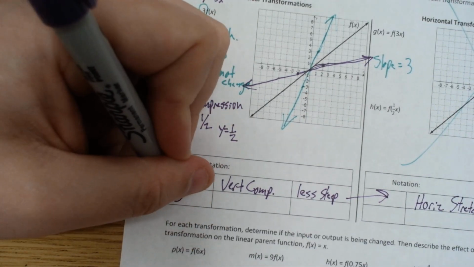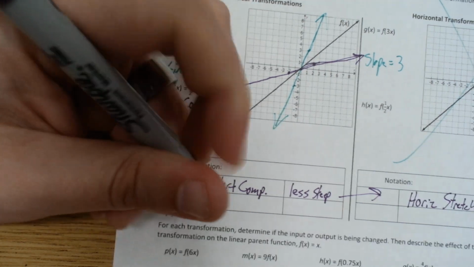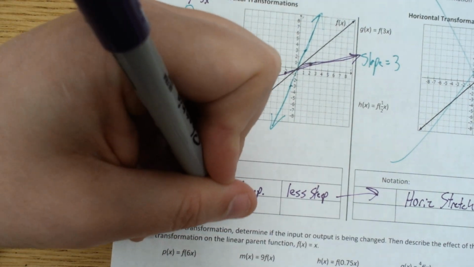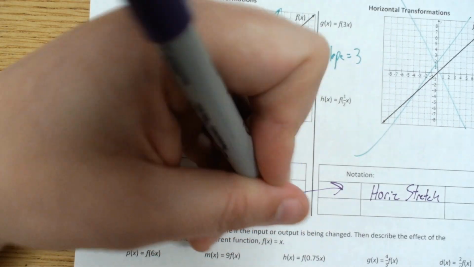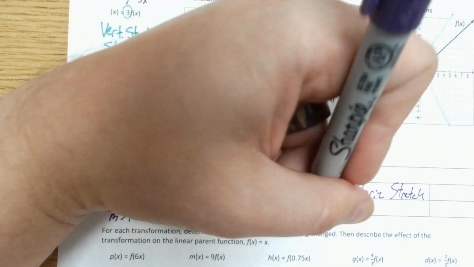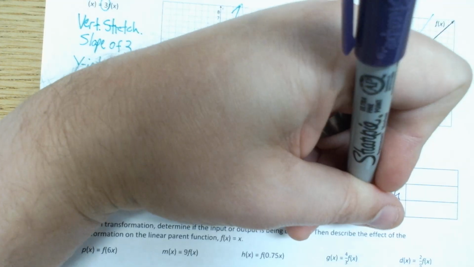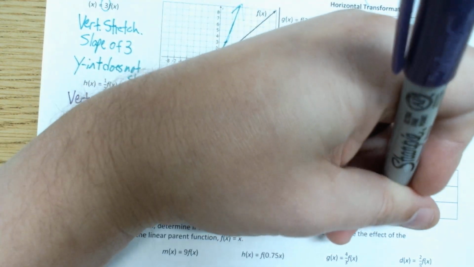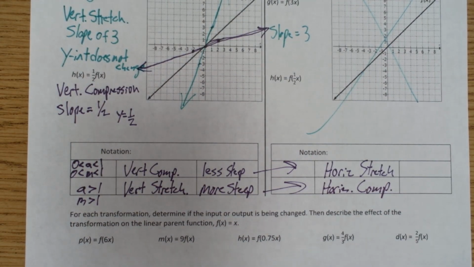And if a is greater than 1, or the slope is greater than 1, it's going to be a vertical stretch, so more steep. And if it's a vertical stretch, the opposite would be a horizontal compression. Just a quick overview of that.